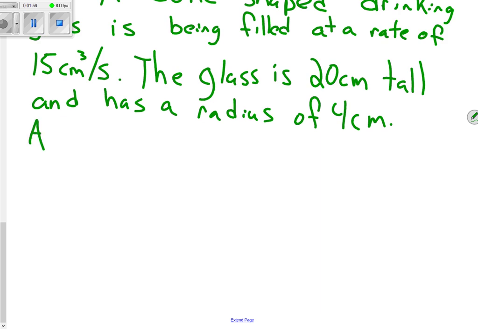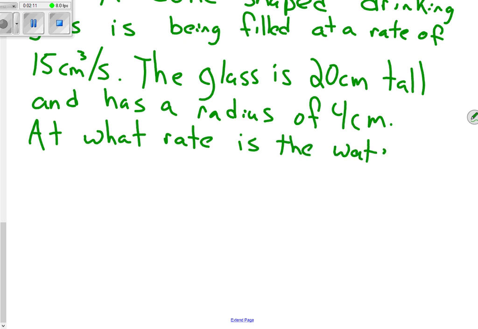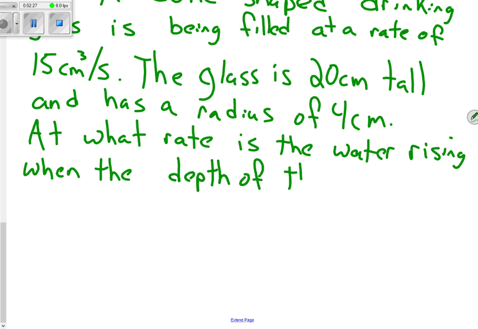At what rate is the water rising when the depth of the water is 9 centimeters?